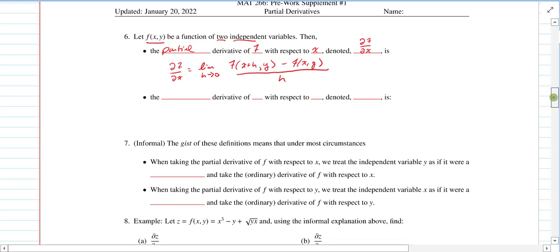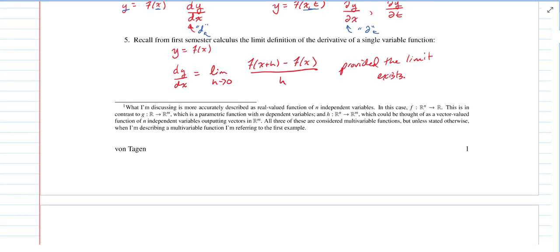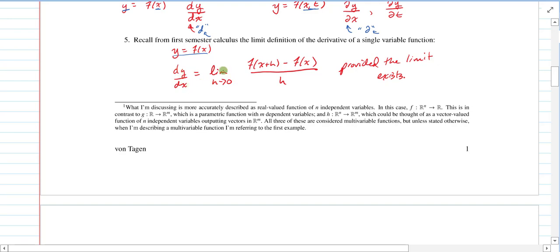And so I'd like you to compare and contrast this with the single variable limit definition of the derivative, where when we took the derivative with respect to x, we allowed the x here to vary by what we usually think of as a small quantity h, and then we subtracted off the original f of x.